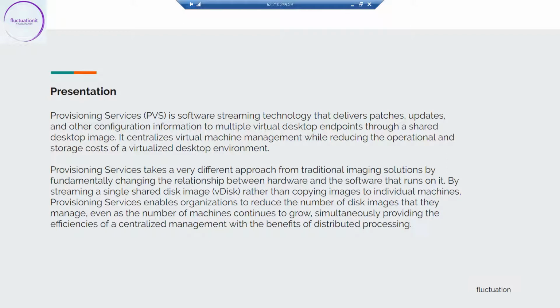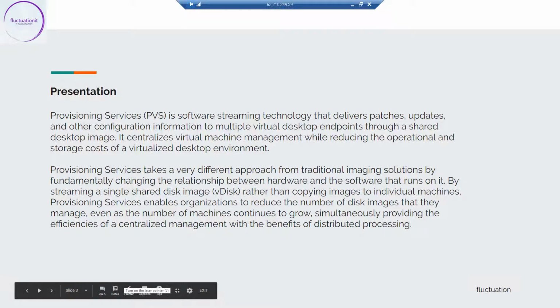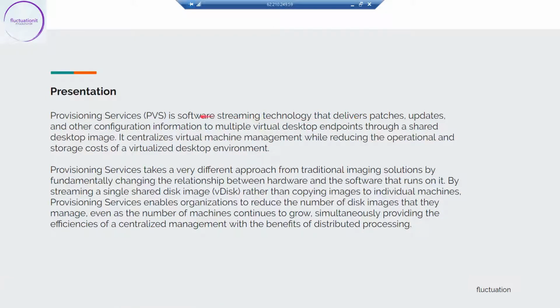So first of all, let's see what is PVS. PVS is a software streaming technology that delivers patches, updates, and other configuration information to multiple virtual desktop endpoints through a shared desktop image.